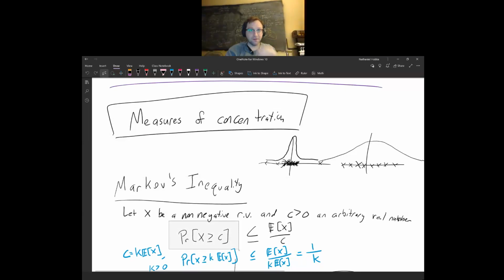So that's the thing on the left-hand side. Markov tells you that you can't have something going far away too often. If you want that to happen, it can only happen a certain number of times before something went wrong. Sorry, I don't know if that answers your question. So those are the two things.